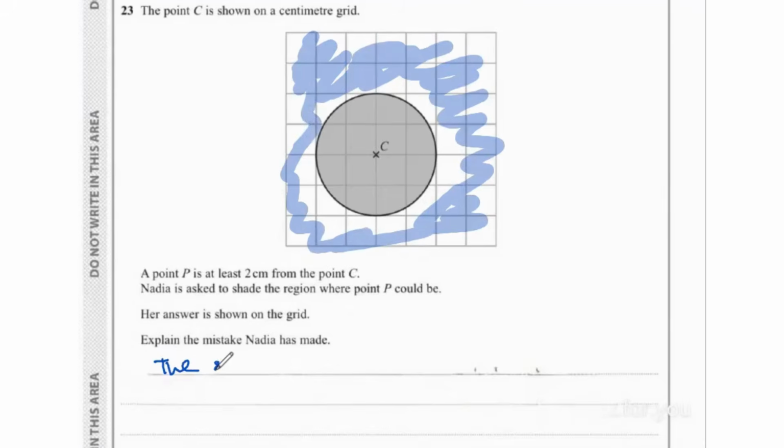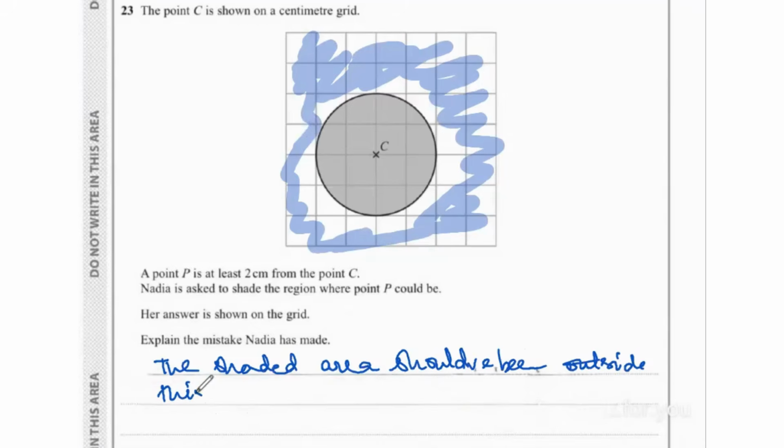The shaded area should have been outside the circle. That is your answer.